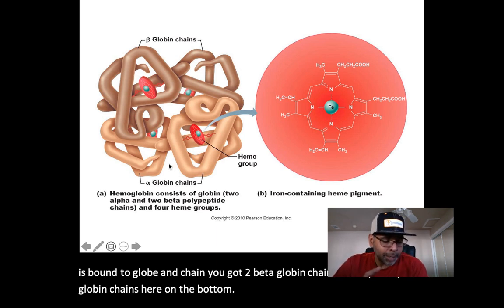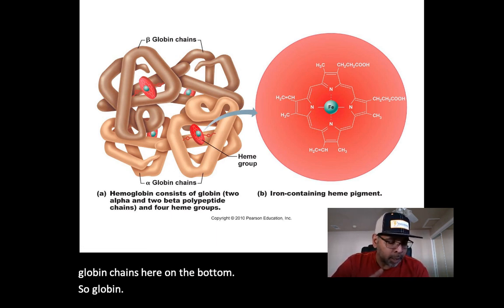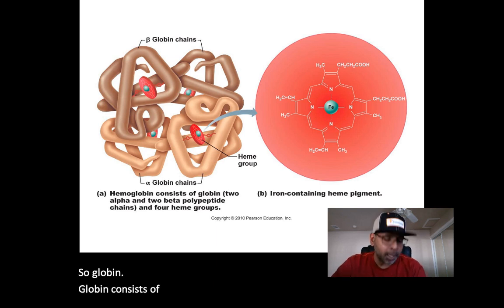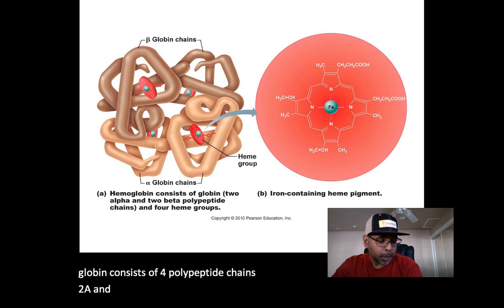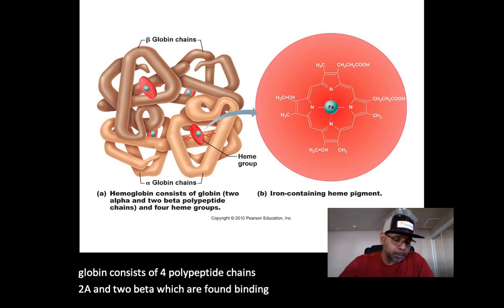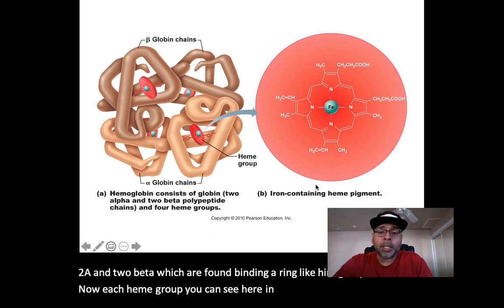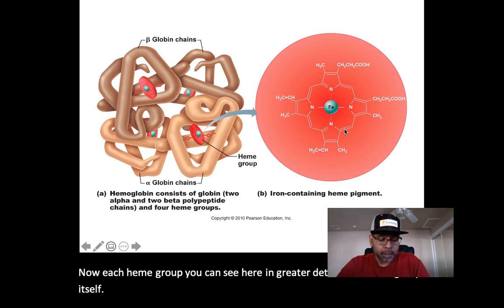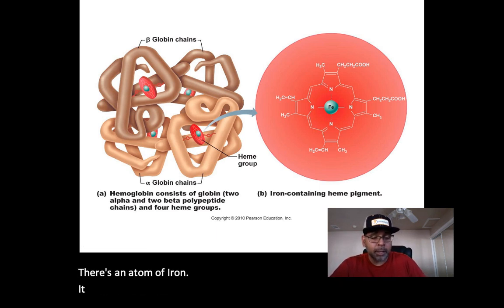So globin consists of 4 polypeptide chains, 2 alpha and 2 beta, which are found binding a ring-like heme group. Now, each heme group, which you can see here in greater detail, bears an atom of iron.